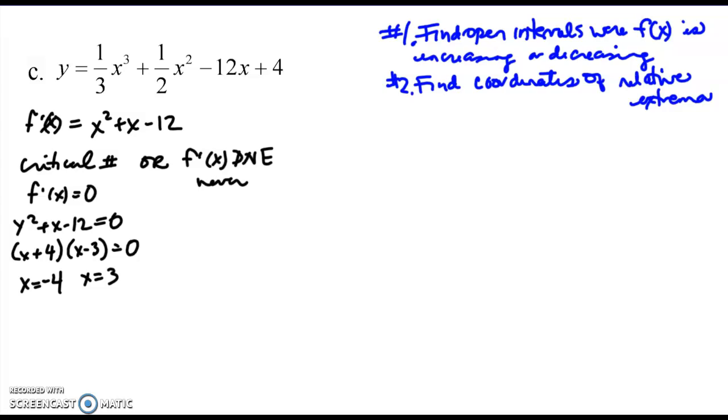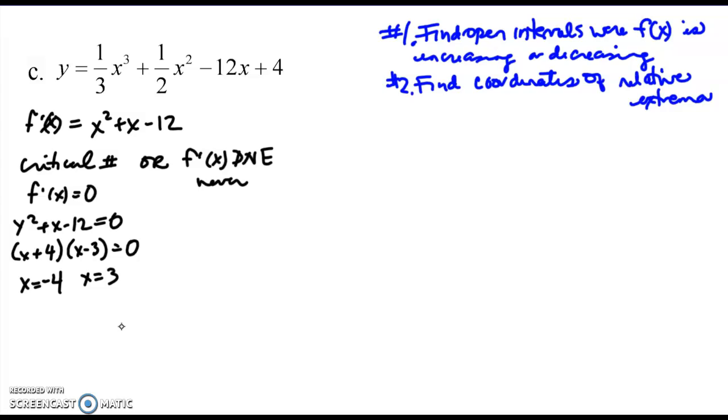When is it going up, increasing, or going down? We also want to know, is x equaling -4 a maximum or a minimum? We know the first derivative test says if it's going from a negative slope to a positive slope, that would be a minimum. And if it's going from a positive or increasing function to a decreasing one, that would be a maximum. So we need to figure this out.